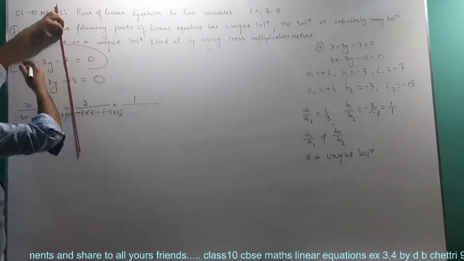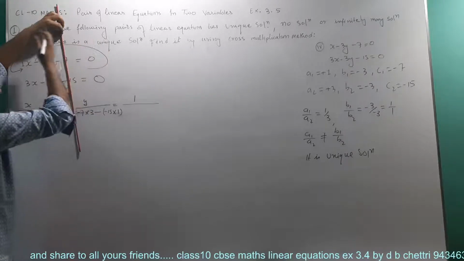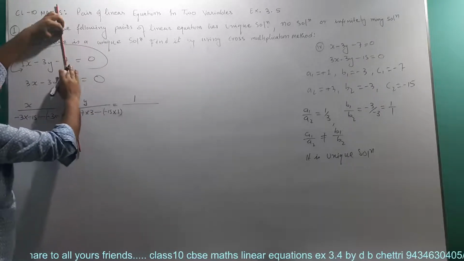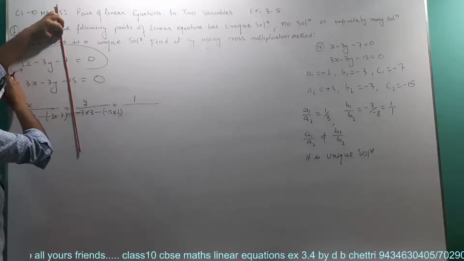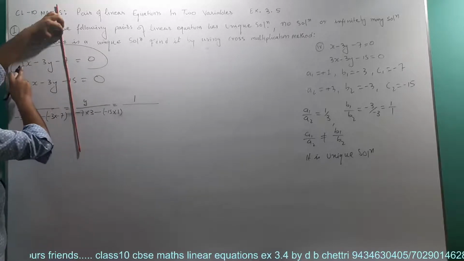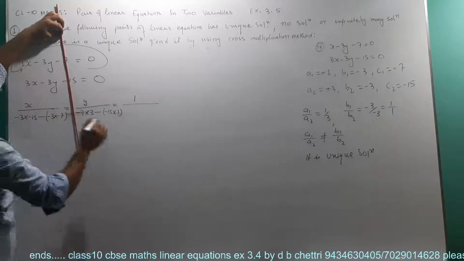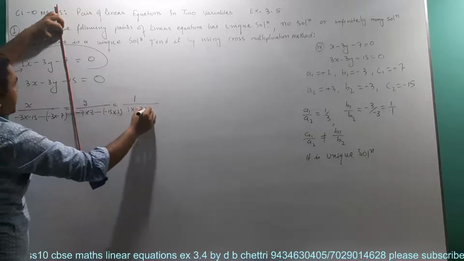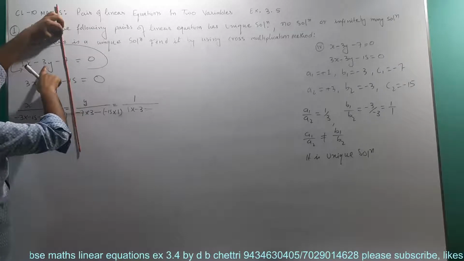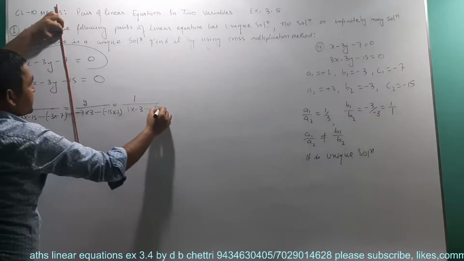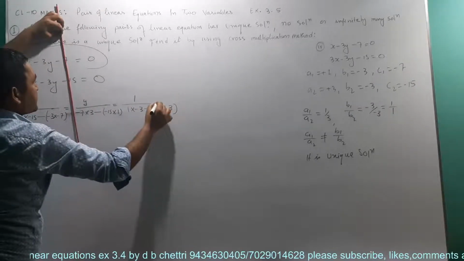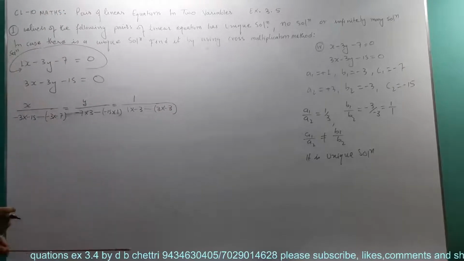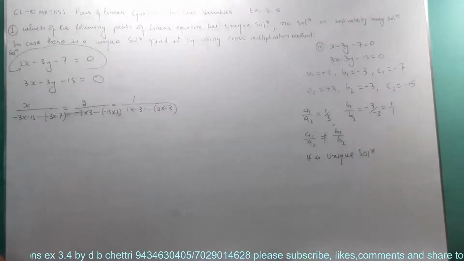After this there is no number, so we reach here. Then what is there? 1 multiplied by minus 3, then put the minus sign, 3 multiplied by minus 3. This way you can do it directly also, without following the steps.